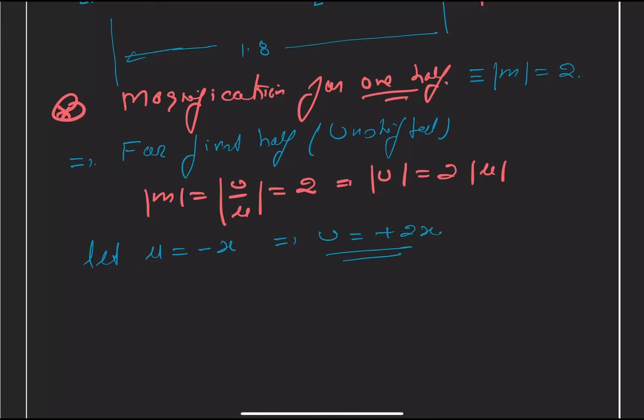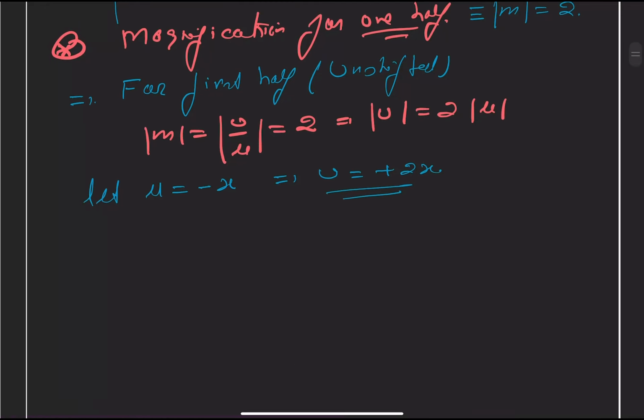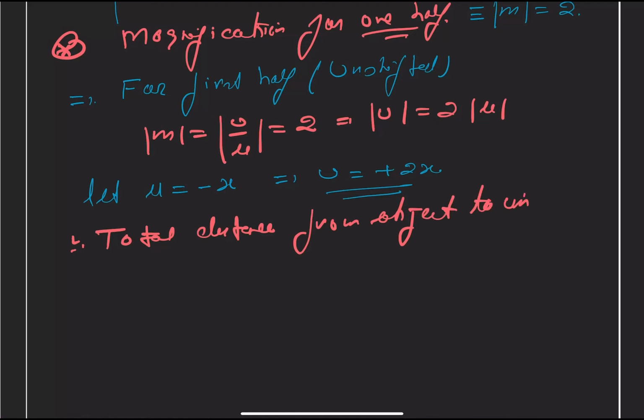The total distance from the object to the image is fixed, that is our 1.8. So we can write that the total distance from object to image is 1.8, that is our fixed.